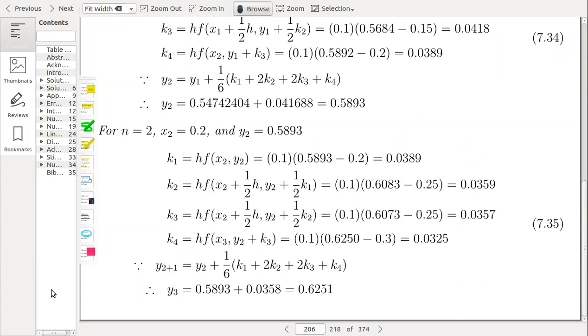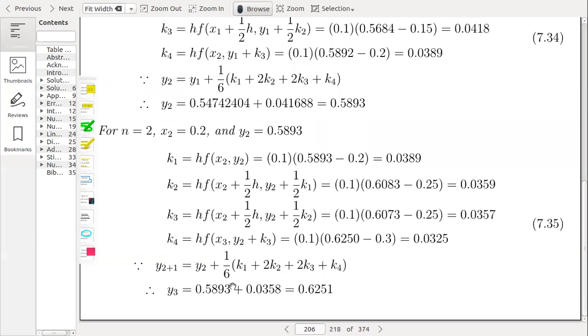k3 can be calculated as h f of x2 plus half h, y2 plus half k2, which is 0.1 into 0.6073 minus 0.25, equal to 0.0357. k4 is equal to h f of x3, y2 plus k3, which is 0.1 into 0.6250 minus 0.3, equal to 0.0325.